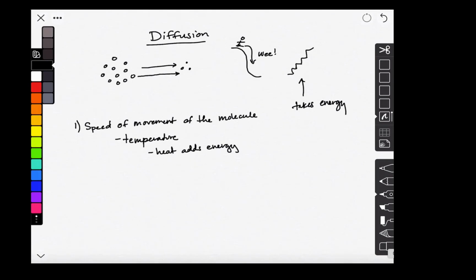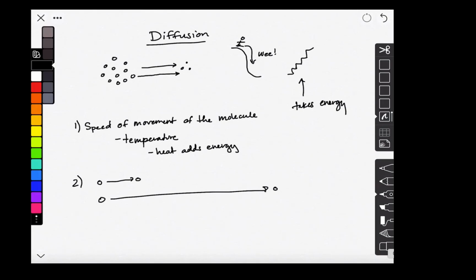The next thing that can influence diffusion is the distance of movement. It's going to take a molecule a lot less time to get from here to here than it is to get from here to here. The bigger that distance, the longer it's going to take. Now, this is actually something that comes into play with cells.